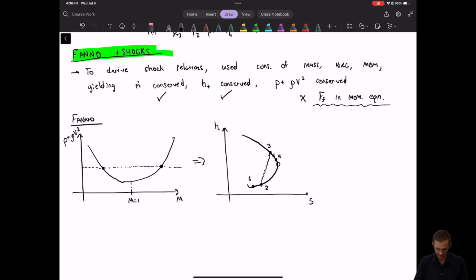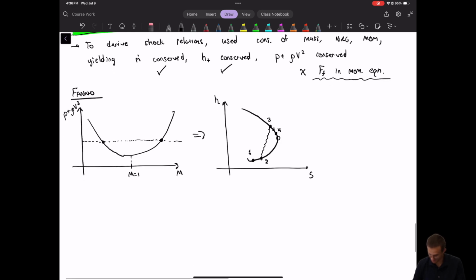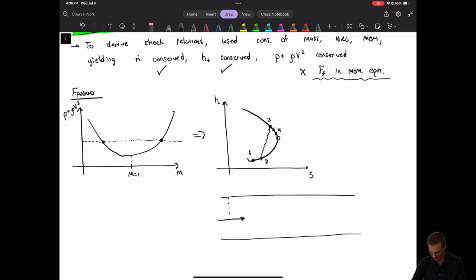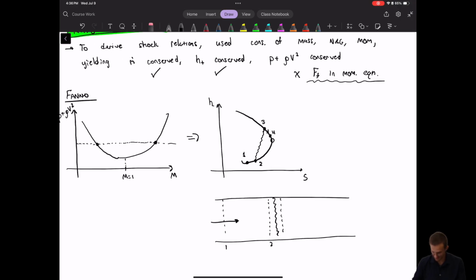So if I were to draw that in a duct, it looks like this. So you have flow coming in this way. This is our state 1, and then at state 2 we have a shock, and then immediately downstream of the shock is state 3. Upstream of the shock we have supersonic flow, and downstream of the shock we have subsonic flow, and then it proceeds.